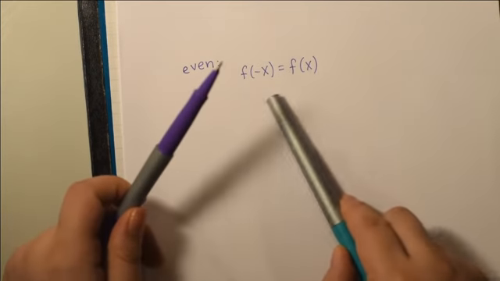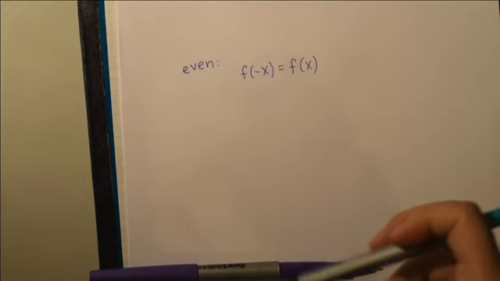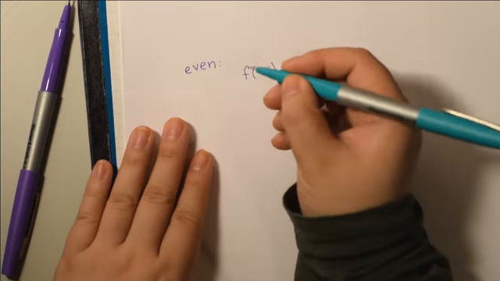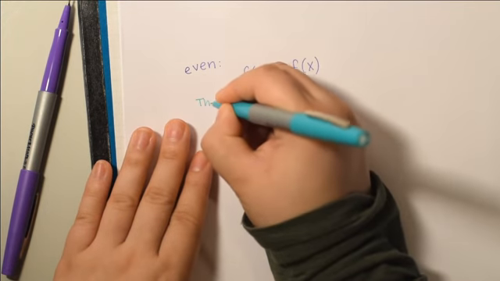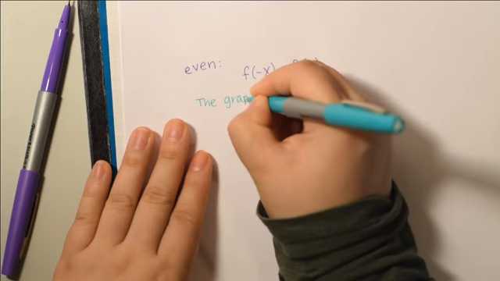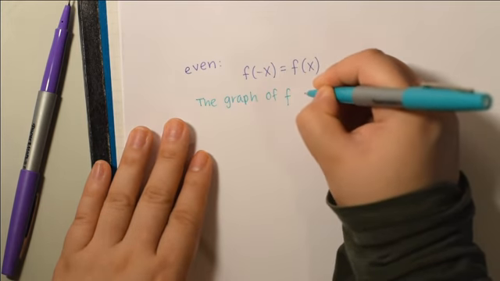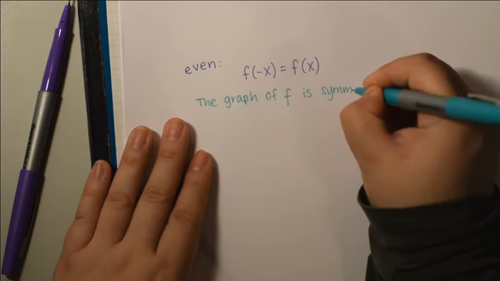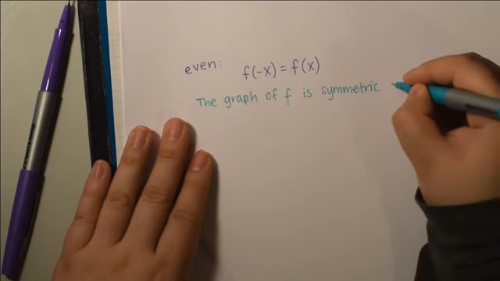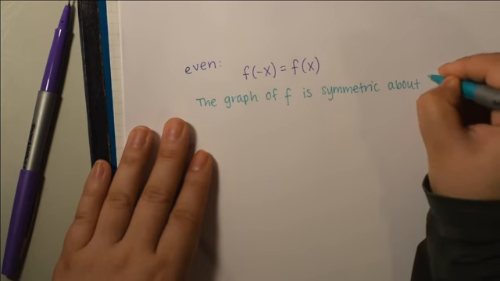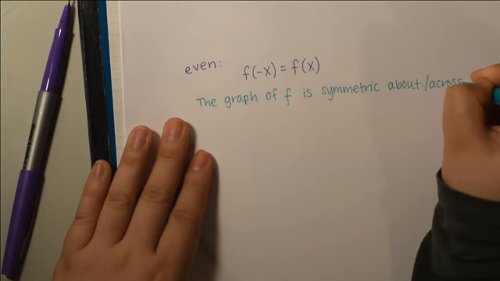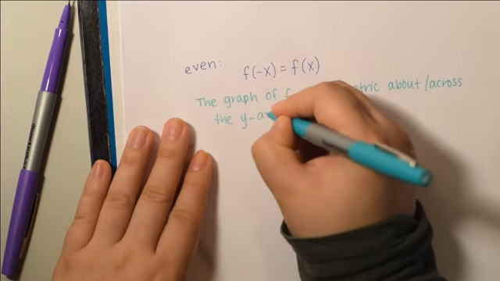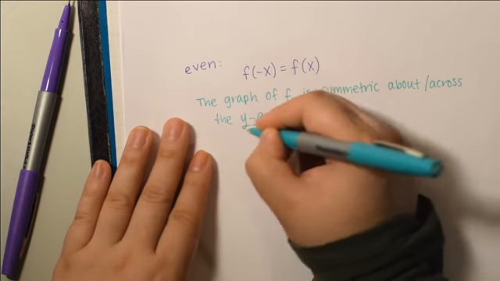So that's the algebra way, just writing it out with an equation. And graphically, it means that the graph of f is symmetric about or across the y-axis. The y-axis.